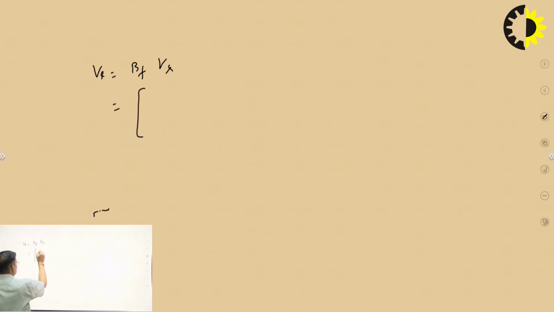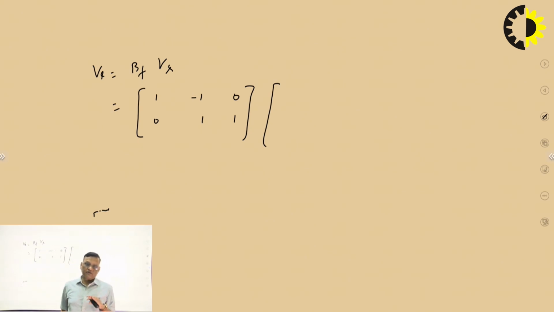So 1 1 minus 1 0 0 1 1, and the dimension of VS is b into 1. Number of rows is equal to the number of branches and one column, so the dimension is b into 1, that is 3 into 1.